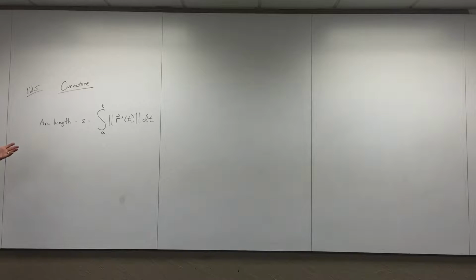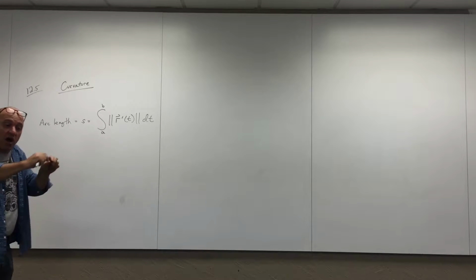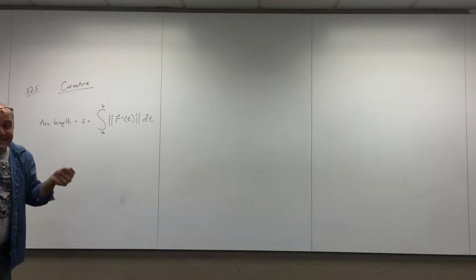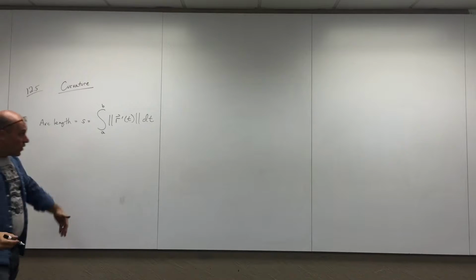This is the arc length formula to find the length. On these curves, which can be in 2D or 3D, if you lay a tape measure on the curve and measure its length, that's what this does. Let's do one.